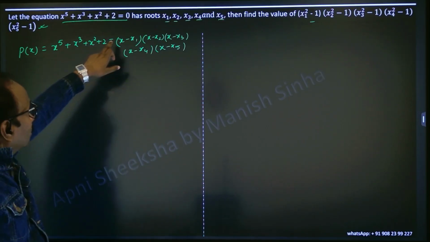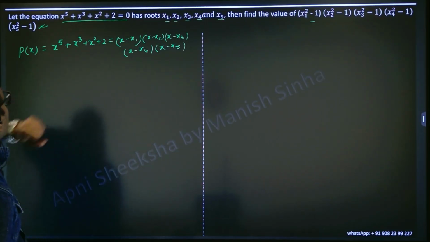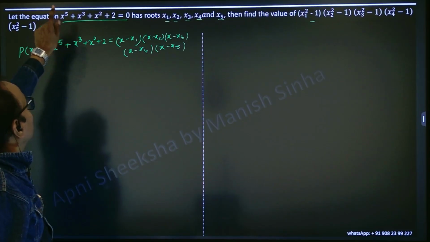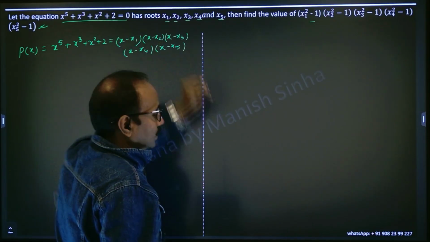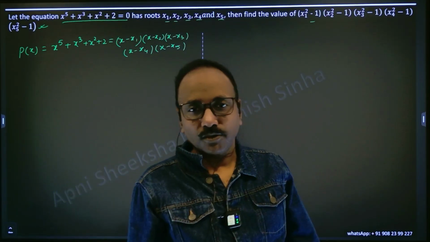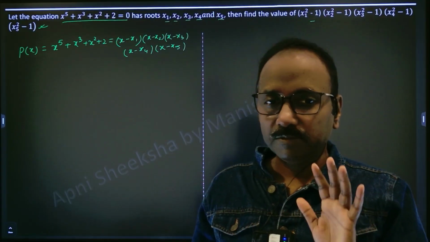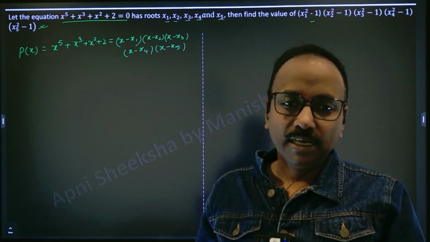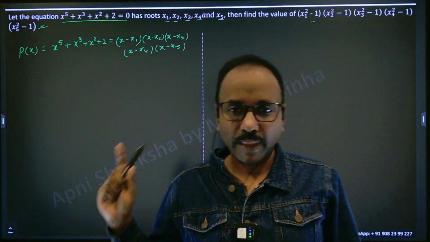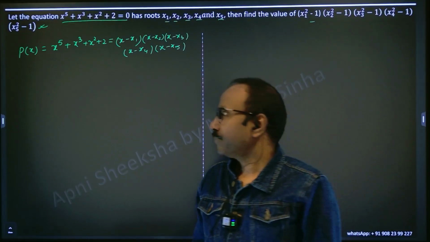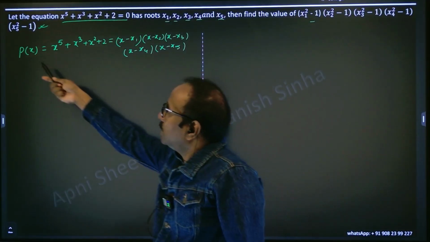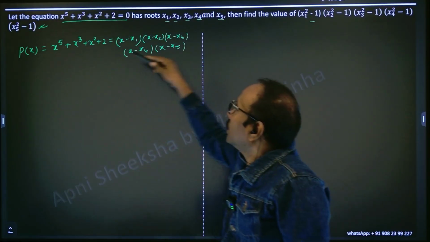There is no constant in front because x to the power 5 has the coefficient 1. So when you multiply x, x, x, x, x, 5 times, its coefficient everywhere is 1, so 1 into 5 times will also be 1. So we can structure our polynomial like this as well.